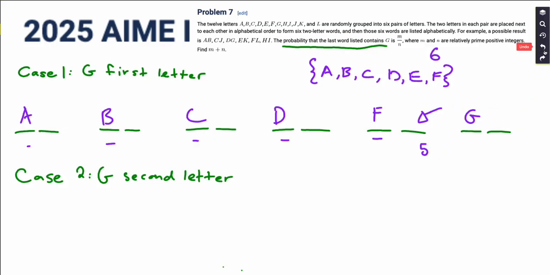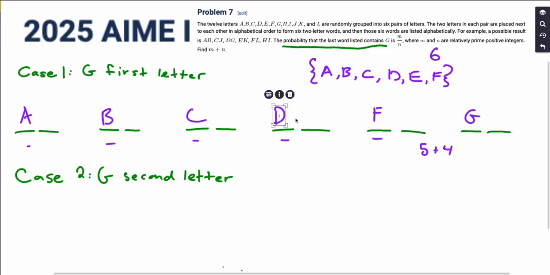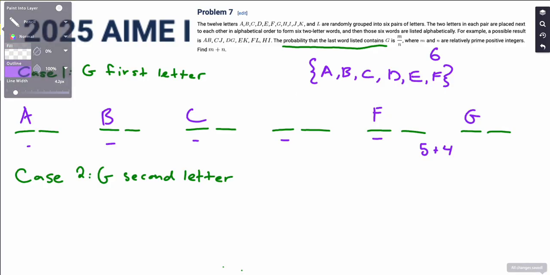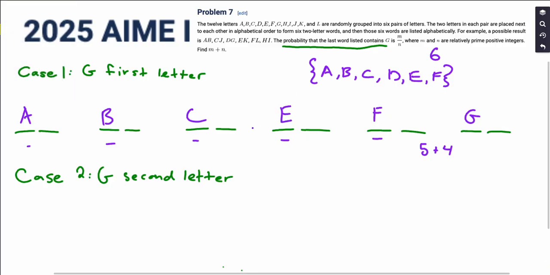We can do the same thing for when we leave D out. D can only go after C, after B, or after A. So that gives it 3 choices.